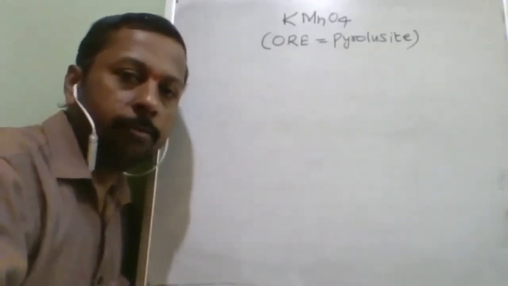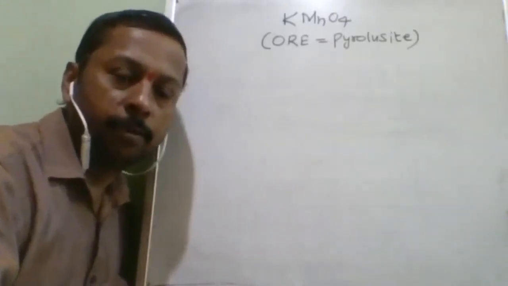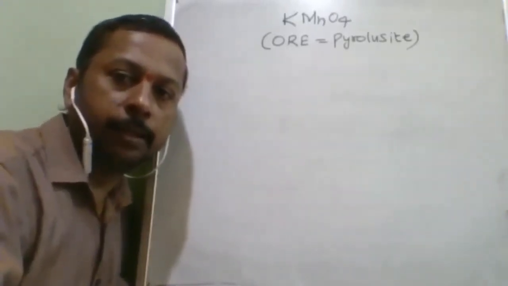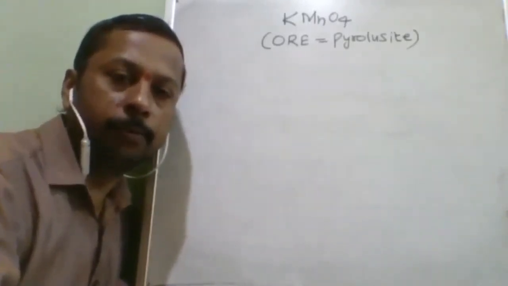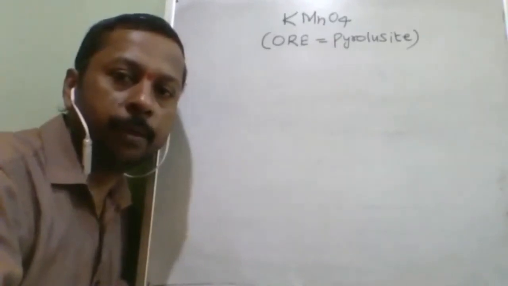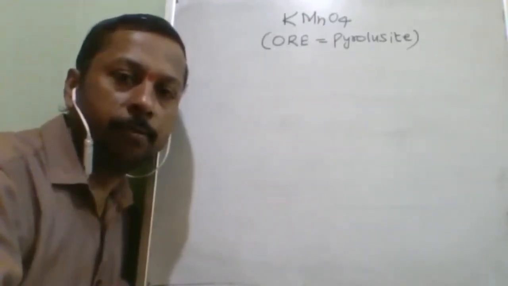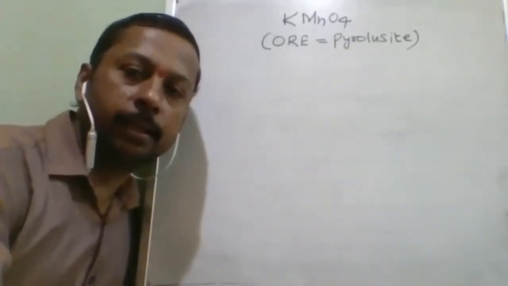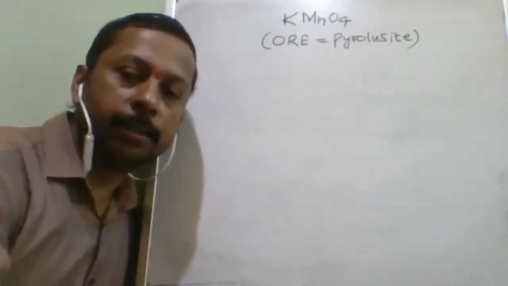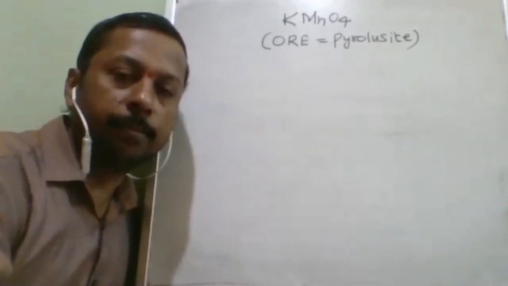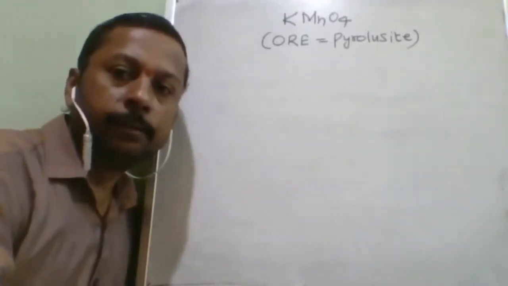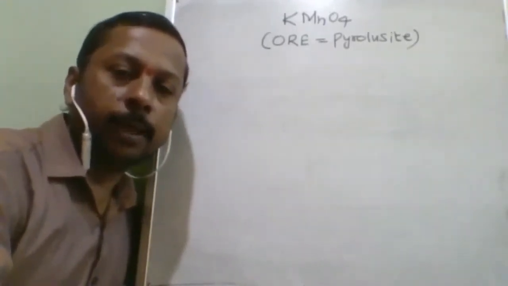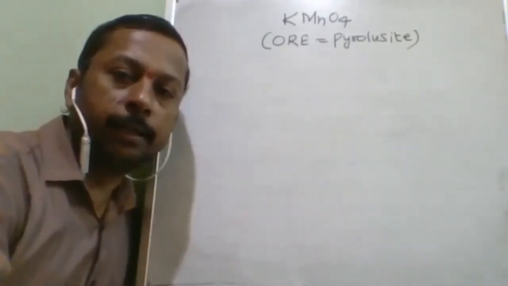At the start, I'm telling you that for KMnO4, the oxidizing property is the most important property. The very advantage of KMnO4 is that it can act as an oxidizing agent in acidic medium, basic or alkaline medium, and neutral medium.